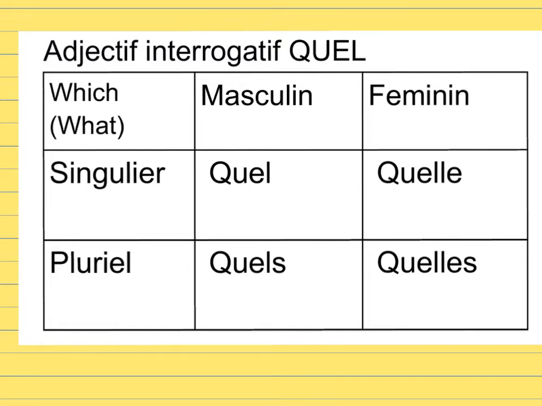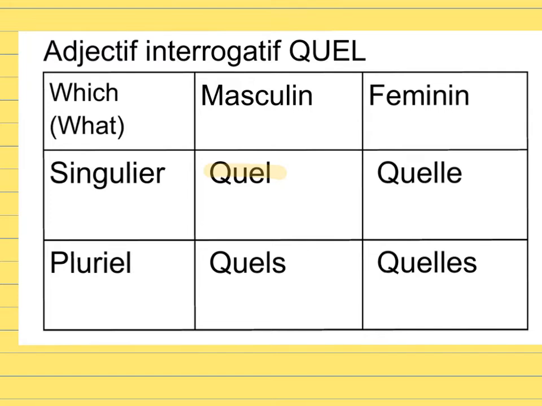Now remember, in French, we have masculine and feminines with all our nouns. We have singular and plurals. We have that also in English, but we don't have the masculine and feminine. So if I'm talking about which boy, garçon, and garçon is masculine, we are going to use quel, Q-U-E-L.